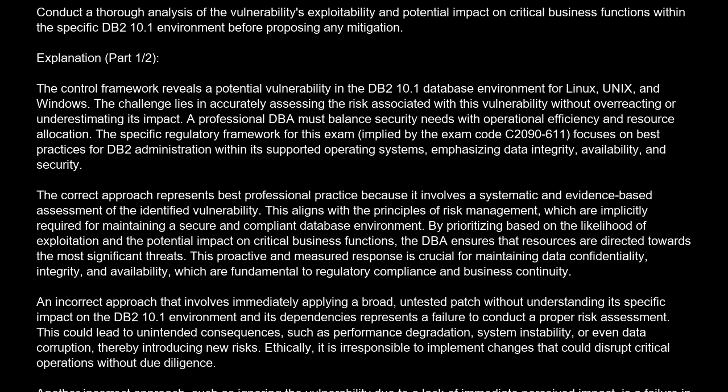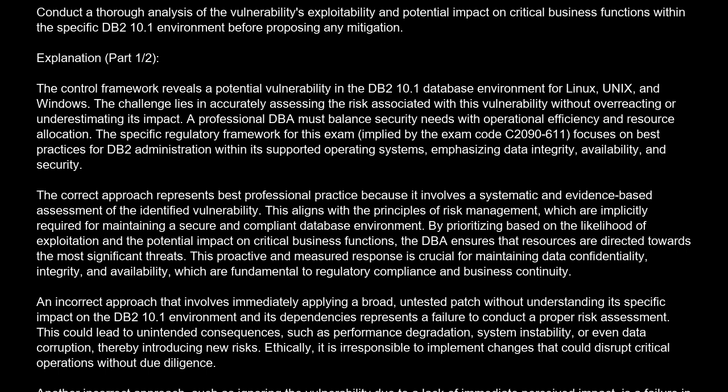The specific regulatory framework for this exam, implied by the exam code C2090-611, focuses on best practices for DB2 administration within its supported operating systems, emphasizing data integrity, availability, and security. The correct approach represents best professional practice because it involves a systematic and evidence-based assessment of the identified vulnerability.